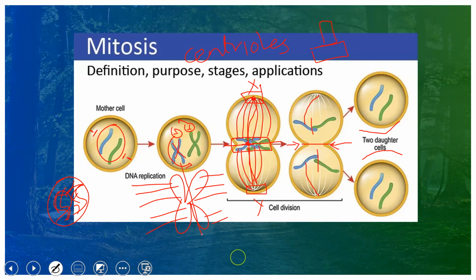It will, right? And when it separates in the center, this end is going to move towards you and this one's going to move towards your sister. So the people pulling these microtubules, you and your sister, were the centrioles. Do you get what I mean?